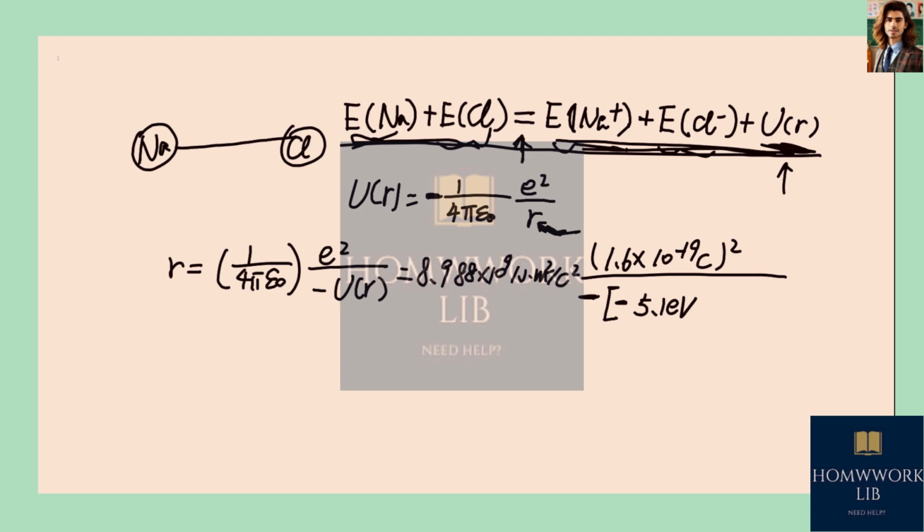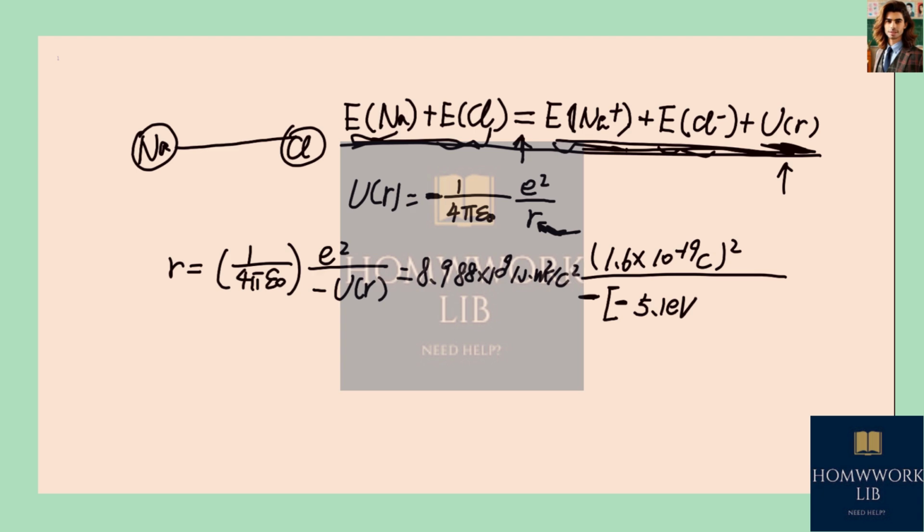So what is that? That is just the ionization energy of sodium and the ionization energy of chloride. The ionization energy of sodium is 5.1 electron-volts, but here we are removing an electron from sodium, so it's negative 5.1.